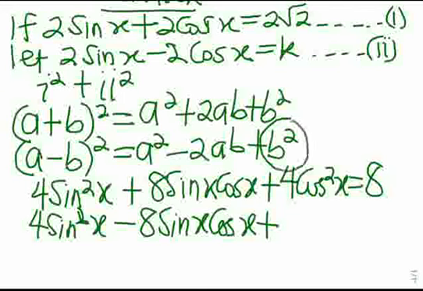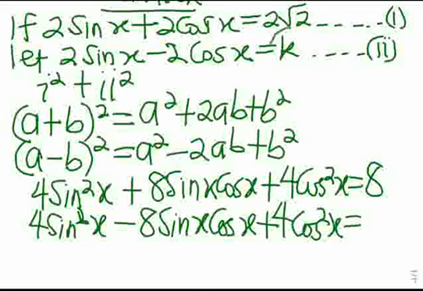And then plus b square, meaning we are squaring this b. That will still give the same 4 cos square x equals, we are squaring the answer we're looking for. That will give k square. So as I said, we are squaring each of the equations and then adding them together.